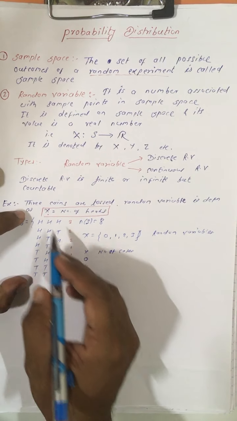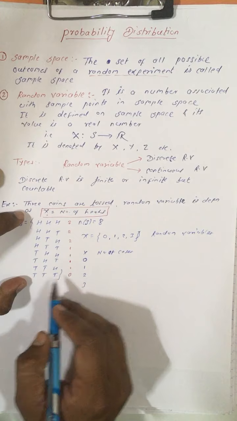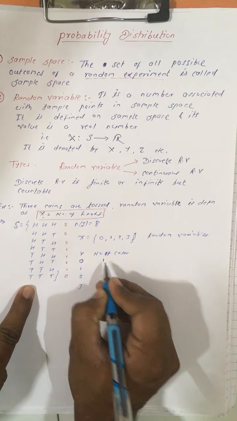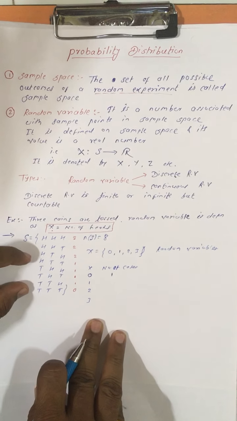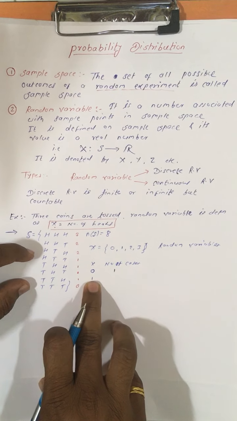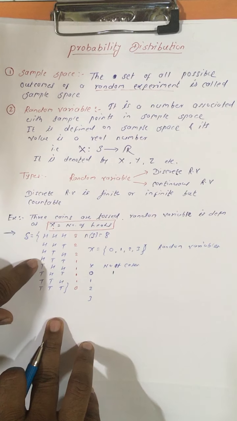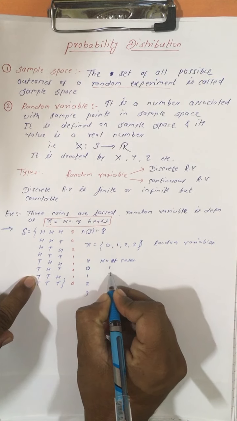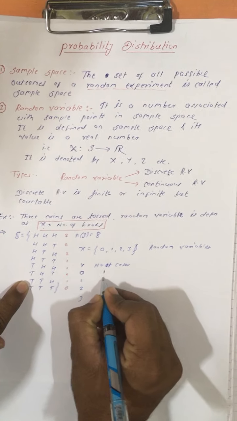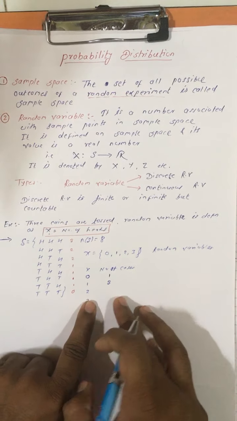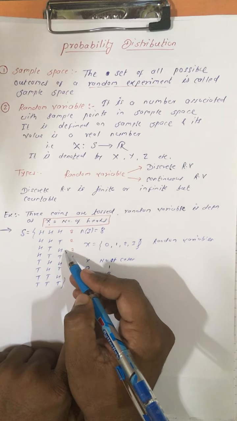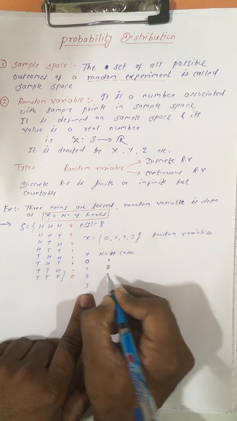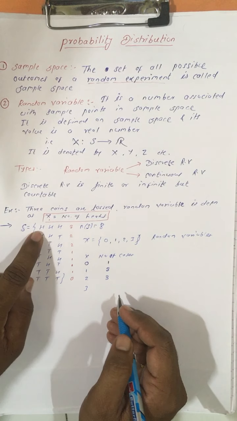How many cases are there where no heads is given? That is only one case, that is this. Now, count the number of cases where one head is given. 1, 2, 3. There are 3 cases. Similarly, for 2 heads, there are 1, 2, 3, so 3 cases are given. And for 3 heads, there is only one case.